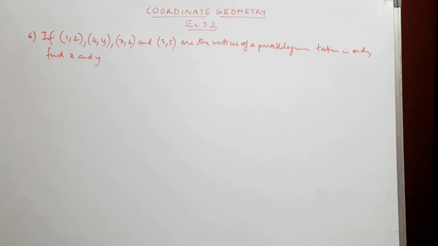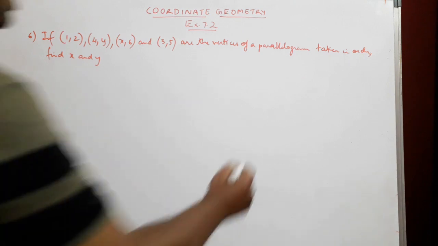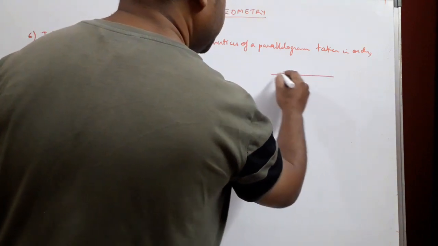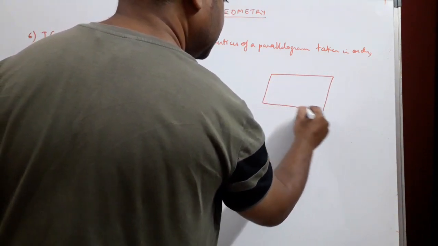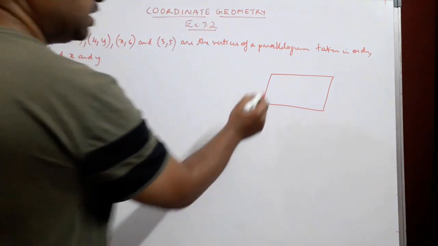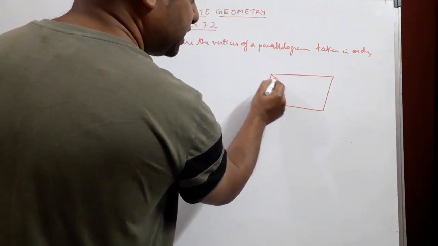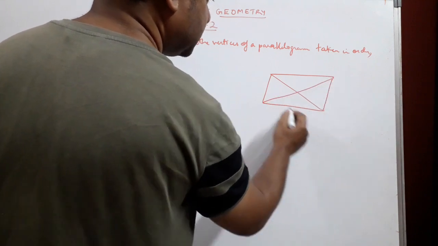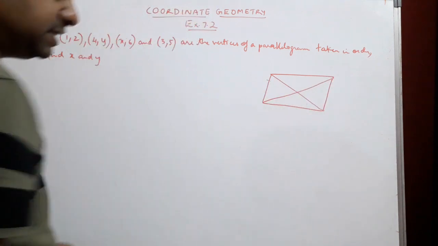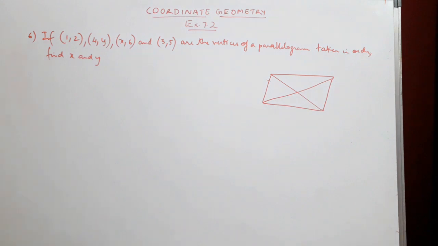find x and y. Now we know a parallelogram has opposite sides parallel and equal, but in addition to that we also know one more property of a parallelogram, that is its diagonals bisect each other.